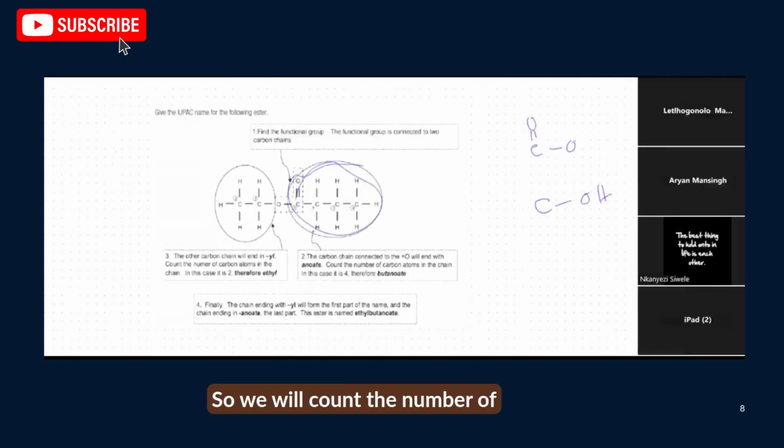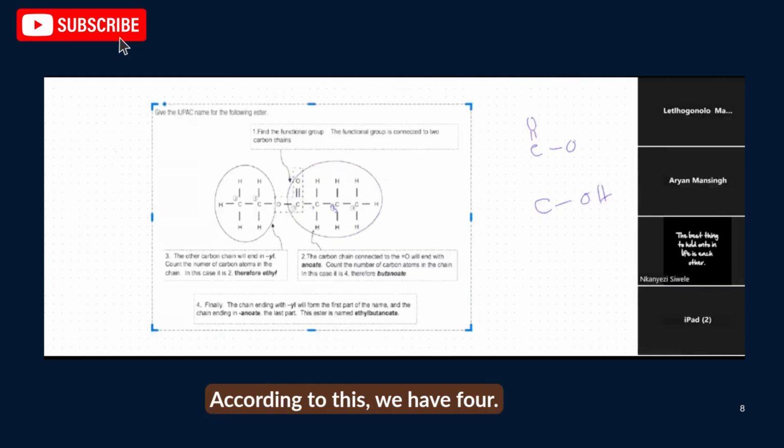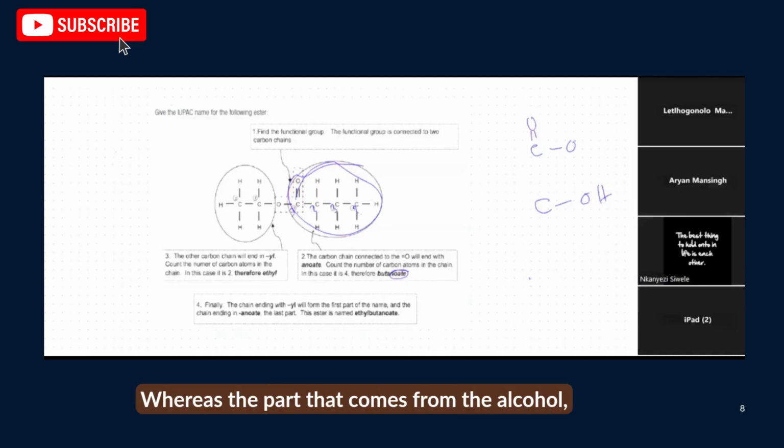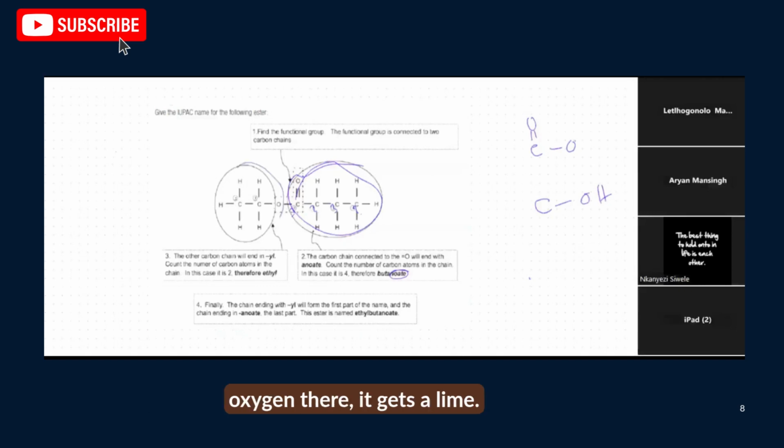So we would count the number of carbons we have. According to this, we have 4. Because it's coming from the acid, it gets an "anoate" at the end. So this is going to be butanoate. Whereas the part that comes from the alcohol, you can see it has a single bond with oxygen there. It gets a "yl." Because there's 2 of those carbons, we just write the "eth" and the "yl."